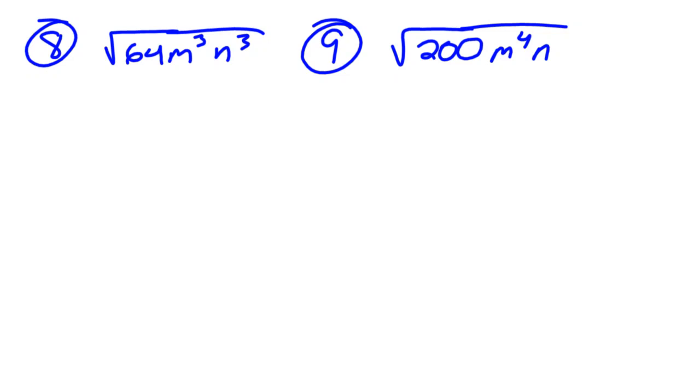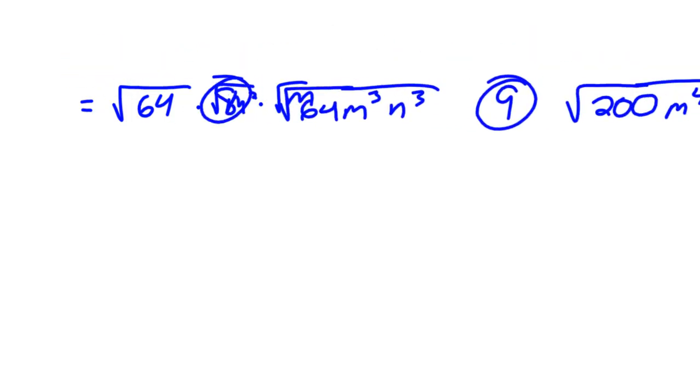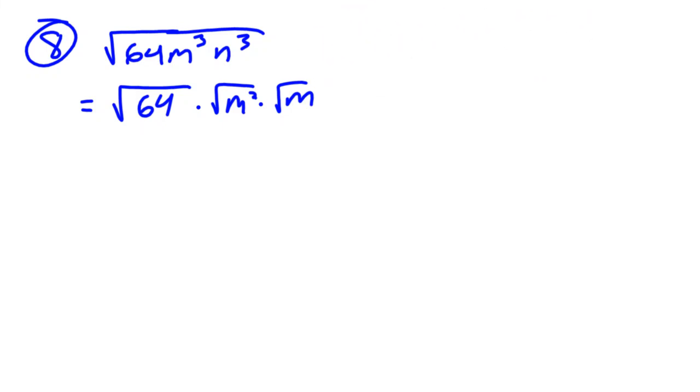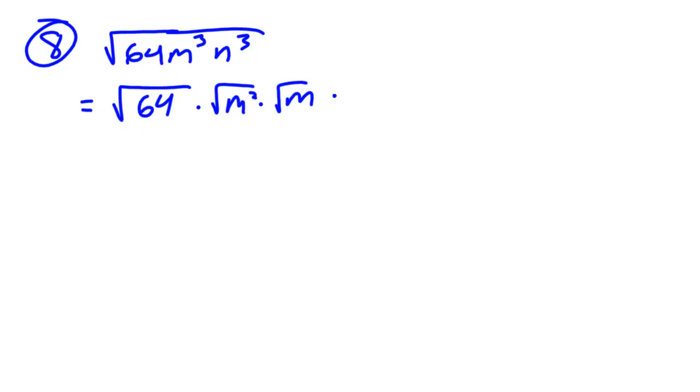So I'm going to begin by separating these. We can take the square root of 64 actually, so that one's pretty nice. But I'm going to write this as m squared times m. I'm going to write rad n times rad n.